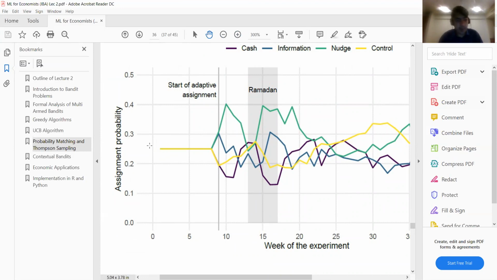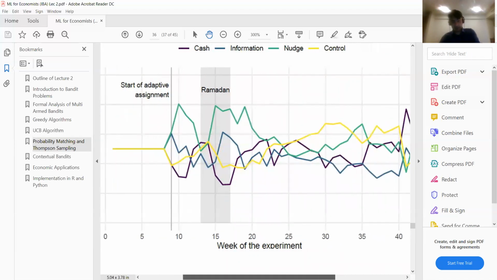So this number is 25%, as you can see, between 0.2 and 0.3. The yellow line is actually on top of the green and the purple and so on, because all of these are lying on top of each other. This is a 25% probability of allocating to all these treatments. So in an RCT, this number will stay constant over time.